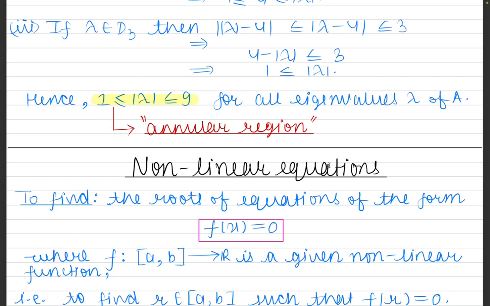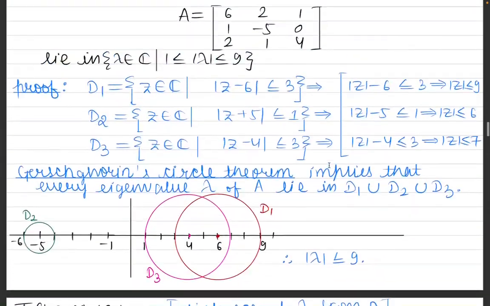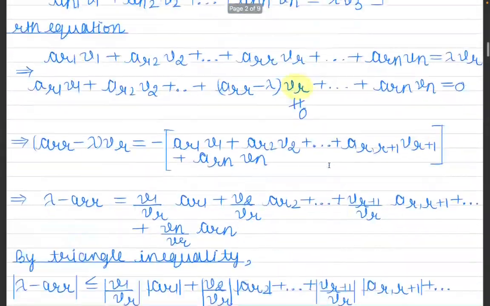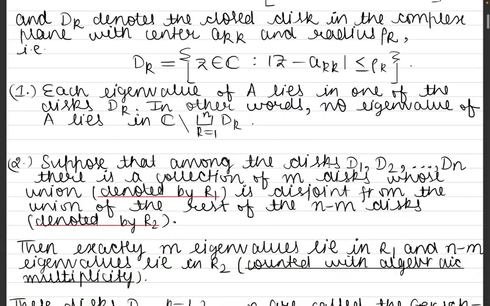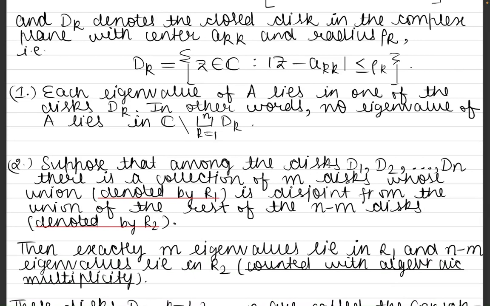Okay, so we stop here with this linear methods. Let us see what we have done so far. We have seen the Gershgorin circle theorem. This theorem helps us to locate the eigenvalues of a matrix. They lie in the closed disks obtained by the kth row sum except for the diagonal entry, and the center is the diagonal entry itself.